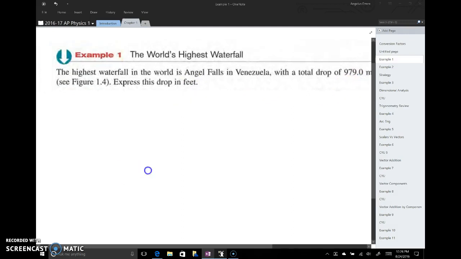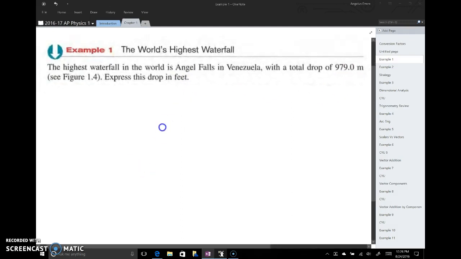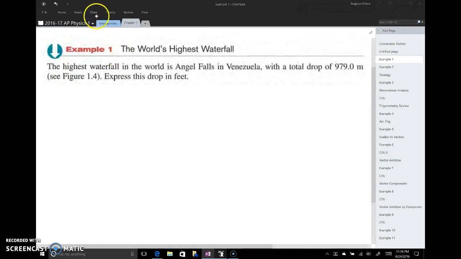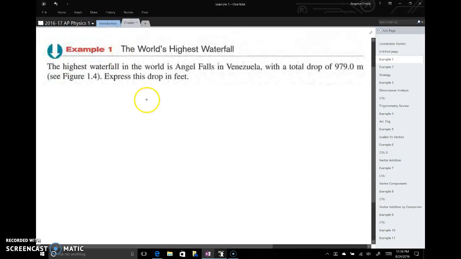And the first thing that we're going to do is we're going to write out our dimensional analysis. So we're going to have 979.0 meters. Now you're going to notice that your book follows sig figs very strictly.